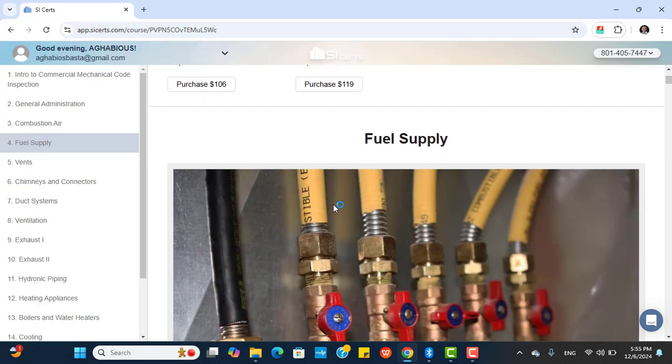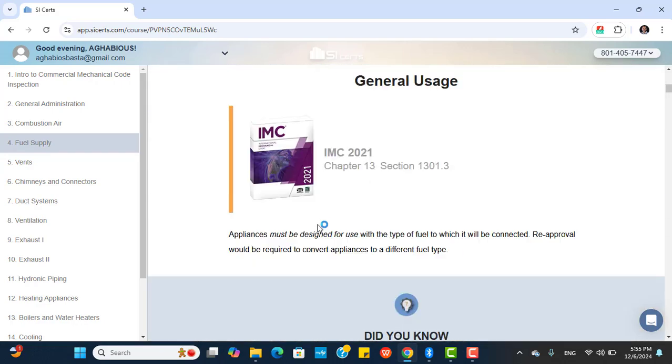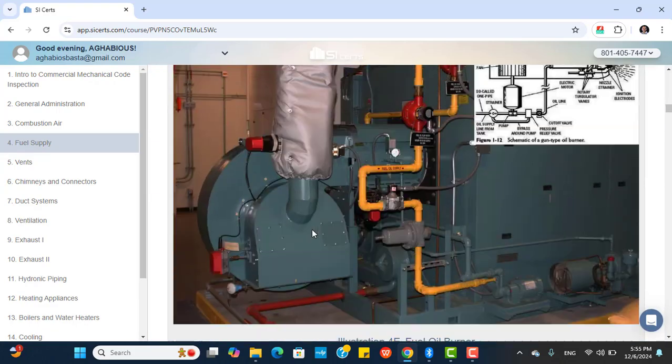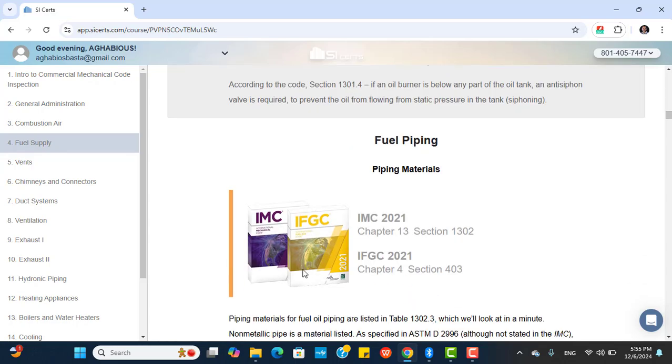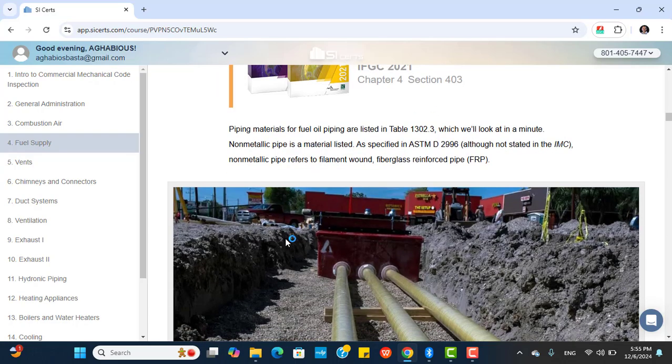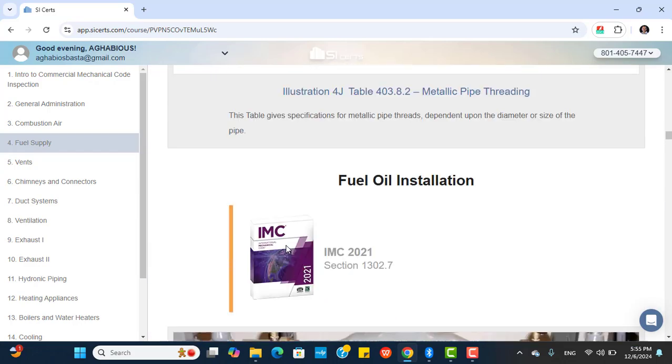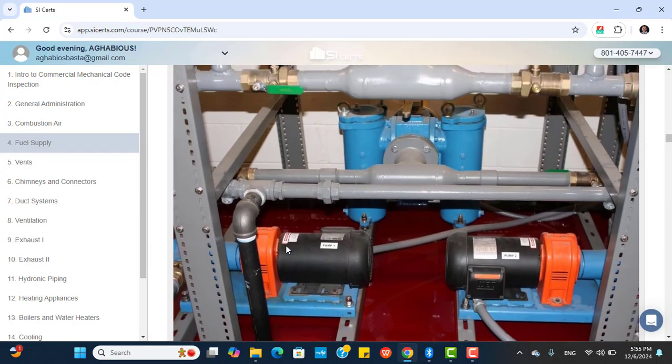We studied what the fuel supply is and the general regulations for it. We also studied the selection of piping, high pressure, and types of piping. This is all about the fuel supply section.